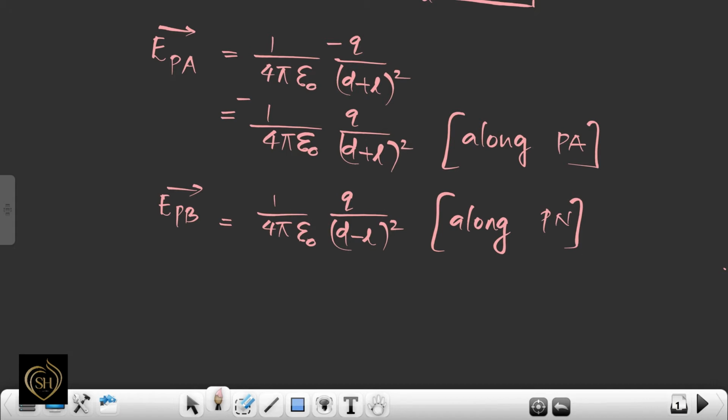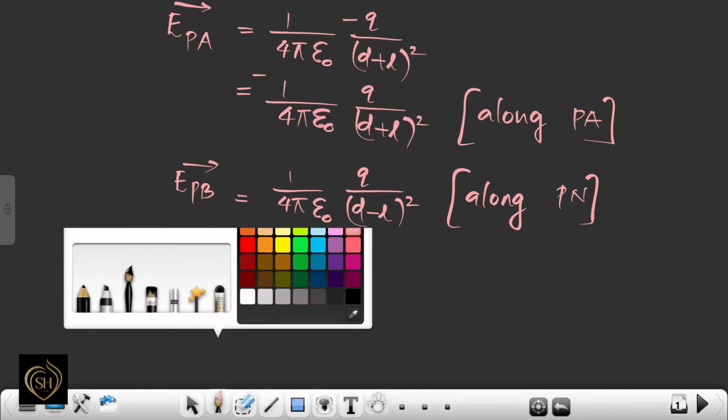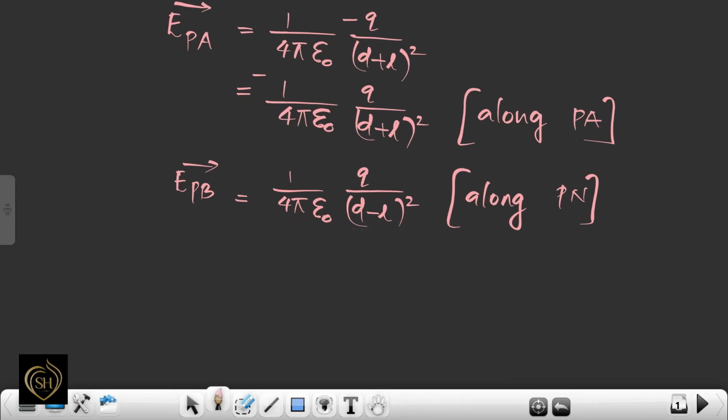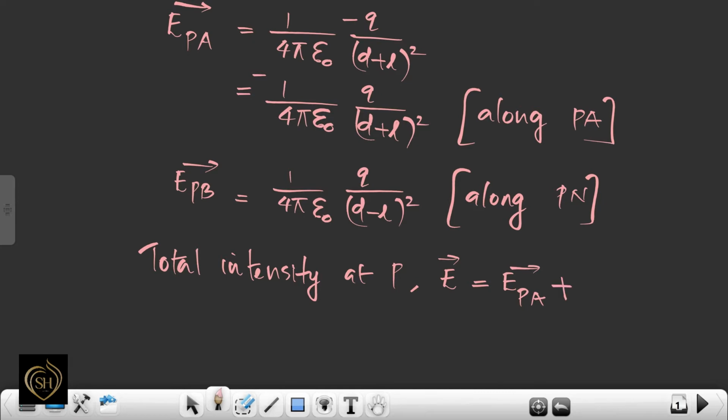Now we have both EPA and EPB. We can find out the total intensity. Total intensity at P, that is E, we have to add both EPA and EPB. So, E is equal to EPA plus EPB.